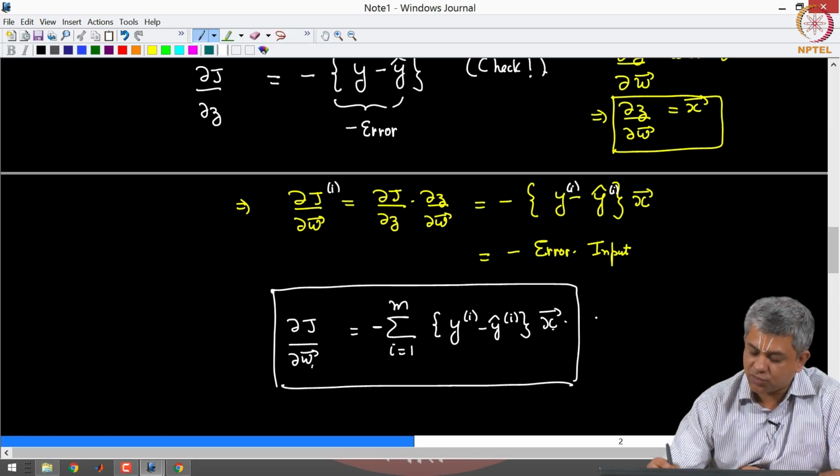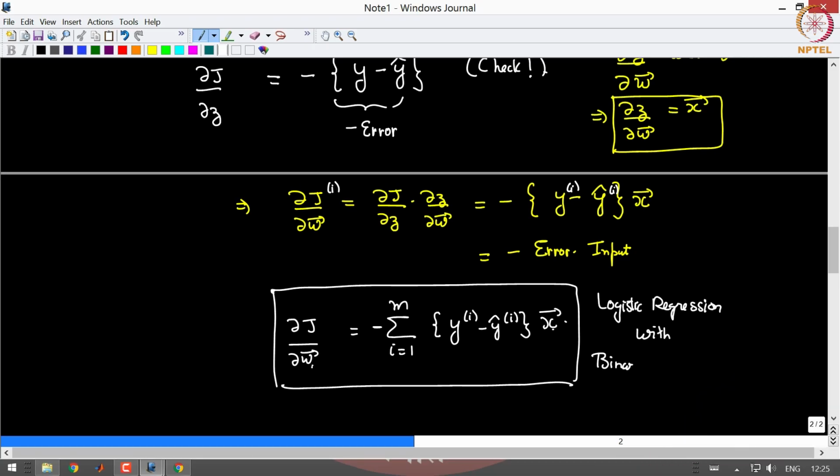So, this expression is for logistic regression with binary cross entropy.